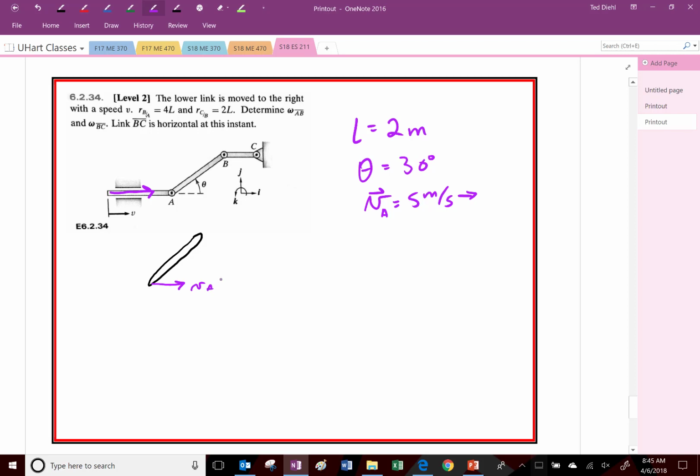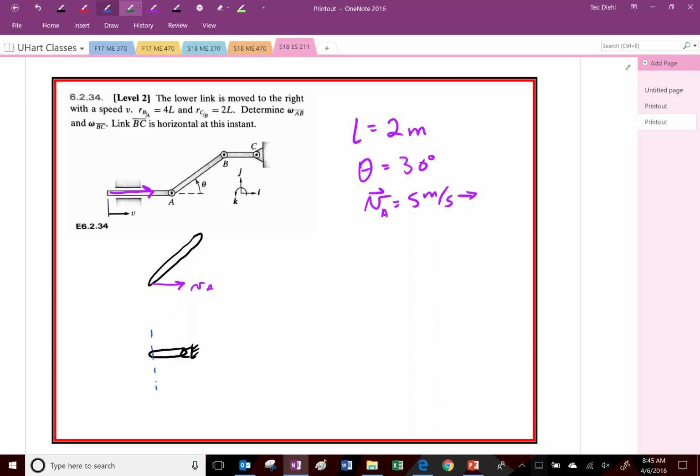And if I draw this other linkage BC to the side, I know that its velocity has to be either up or down, constrained to the vertical direction.